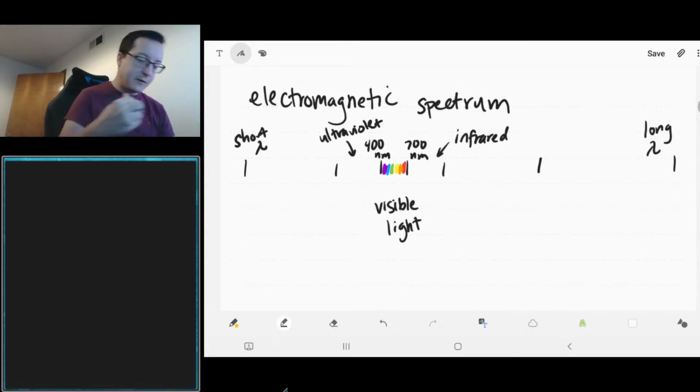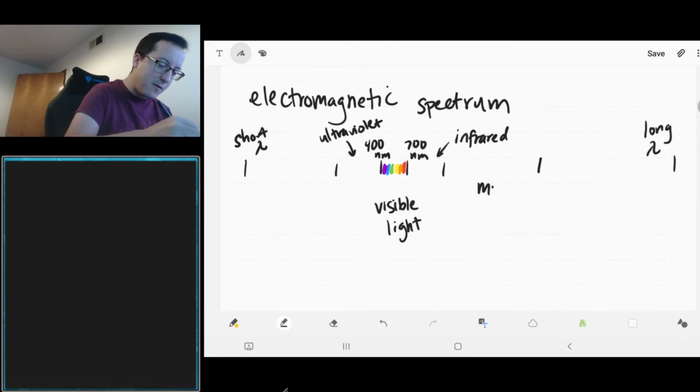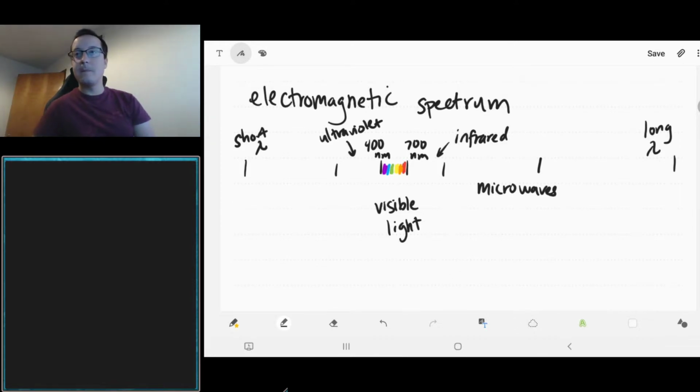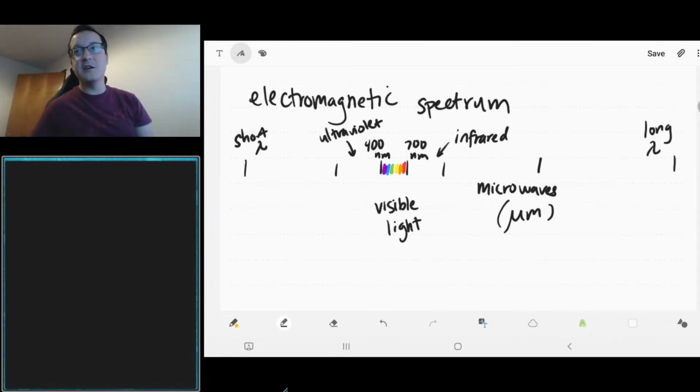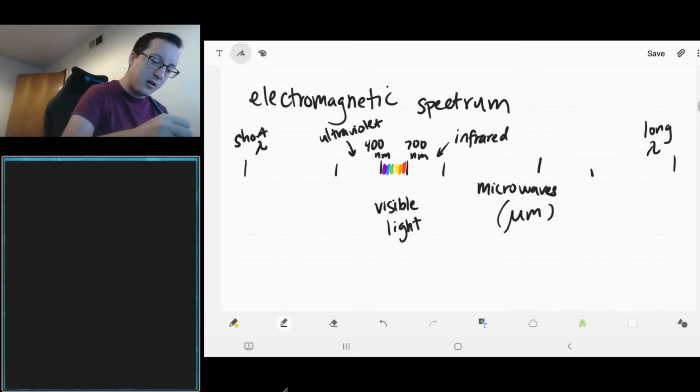Up past the infrared is where we have microwaves. Those are typically on the scale of micrometers, hence microwaves. And then longer than microwaves are what are called radio waves.